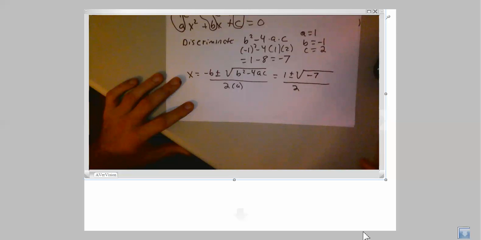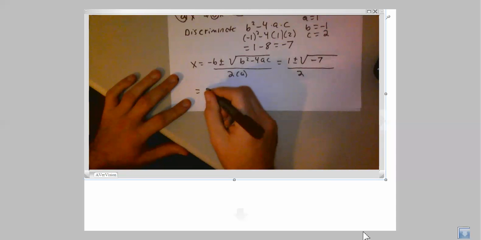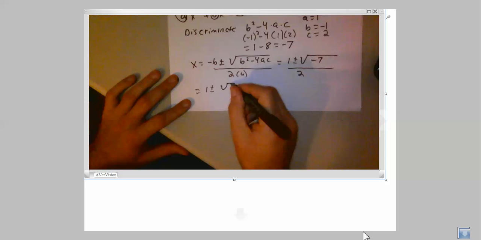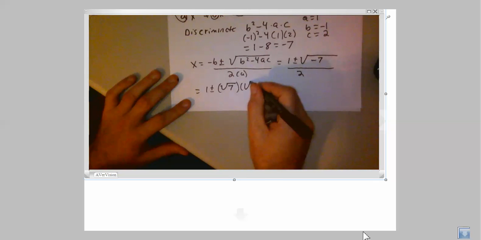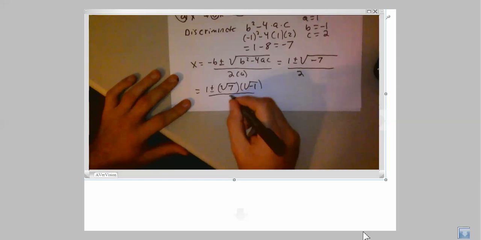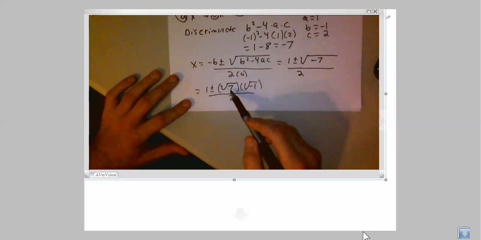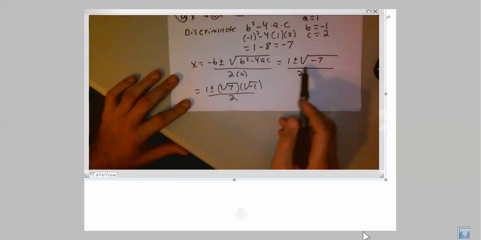The square root of negative 7, I can rewrite this problem as equal to 1 plus or minus the square root of 7 times the square root of negative 1 all over 2. And that's because negative 7 is just equal to 7 times negative 1, but I can always break apart square roots by multiplication.